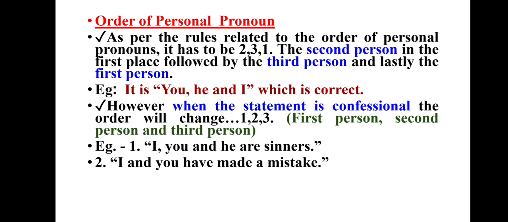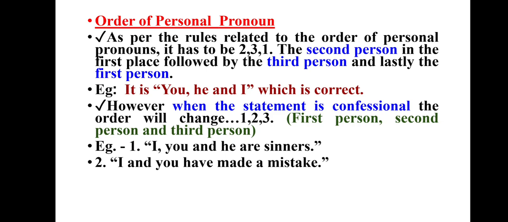So who will be given the first priority? Not 231, but the first person, because when we are accepting our mistake, first priority is I, first person, then you, second person, and third person. This will be the order: I, you and he, right?